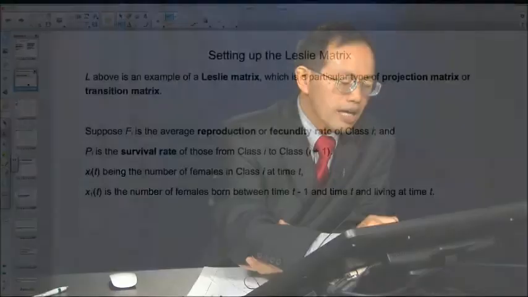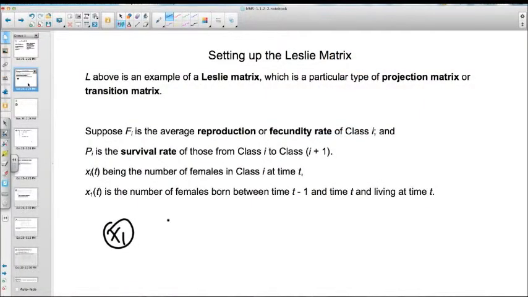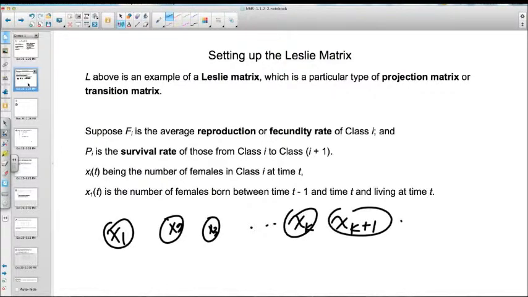And so we typically say, okay, x1 goes to the next stage, x2 goes to the next stage, x3, and then x_{k+1}, all the way to xn. Those are the states. So in this case, n equals whatever number you want, but it's finite anyway.